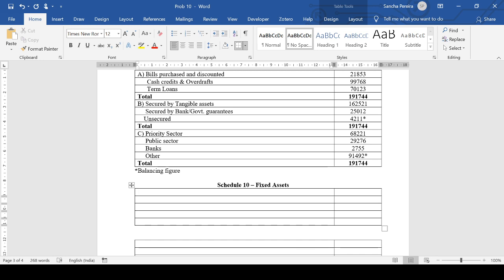Premises at cost, they told us on 31st March, are 361. You can write the whole thing: at cost on 31st March 2011 is 361.